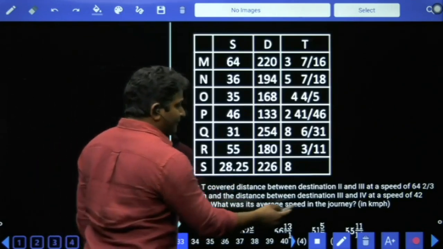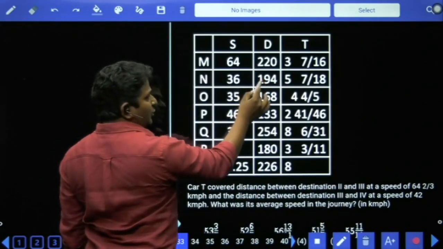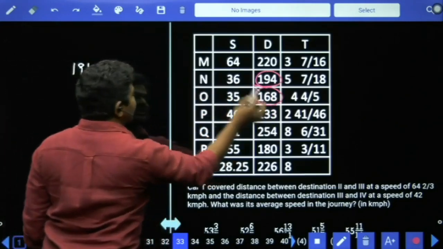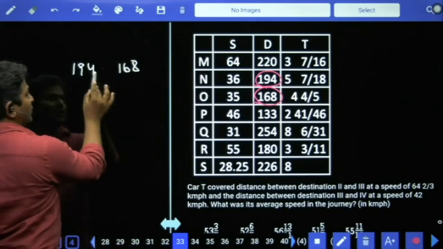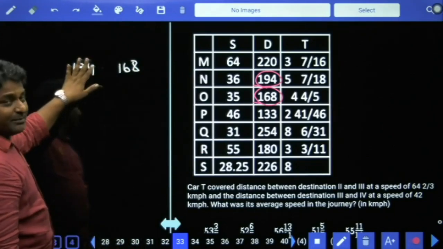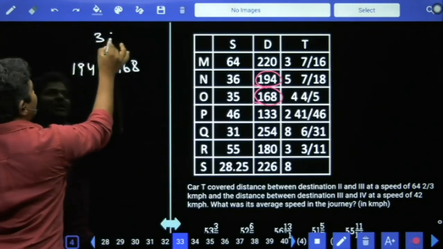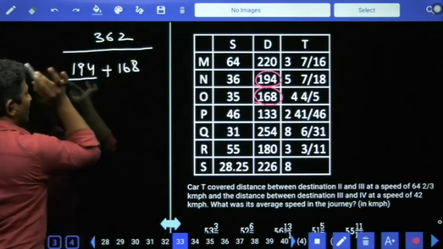This is about car T, 2 to 3 and 3 to 4. That is 194 kilometers and 168 kilometers. So this is the total distance covered. To this, if we add 6 kilometers, it becomes 200. Subtract 6 here, 162 plus 200, 362, divided by total time taken.